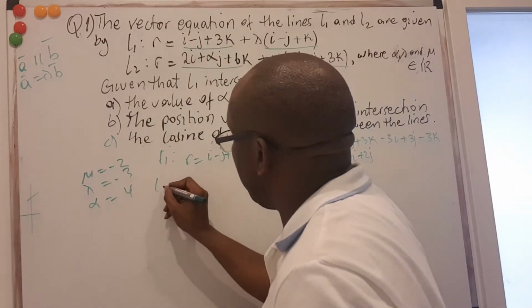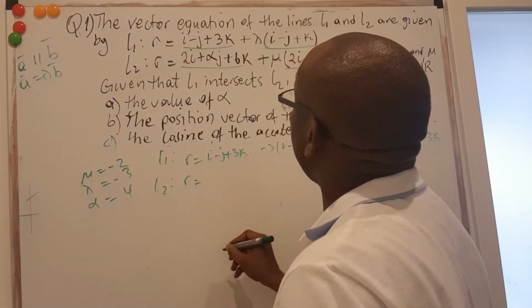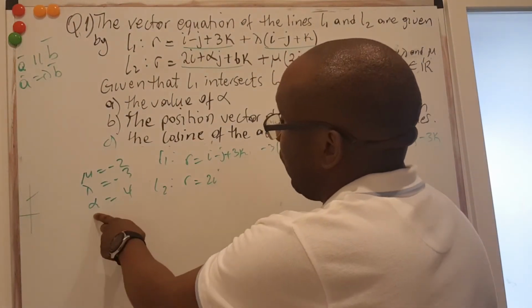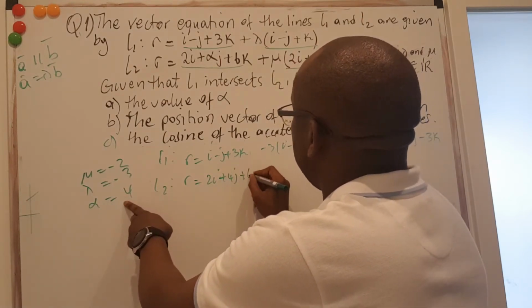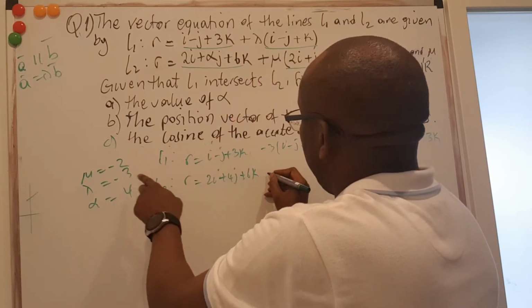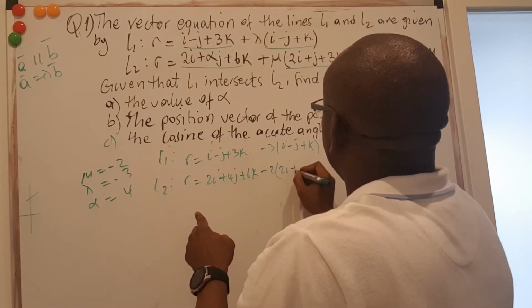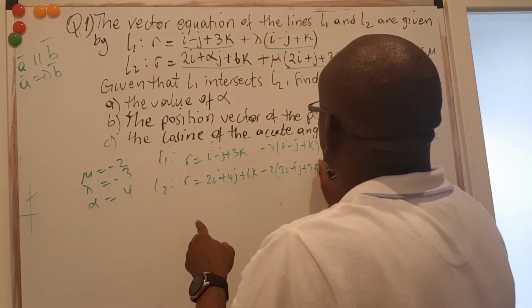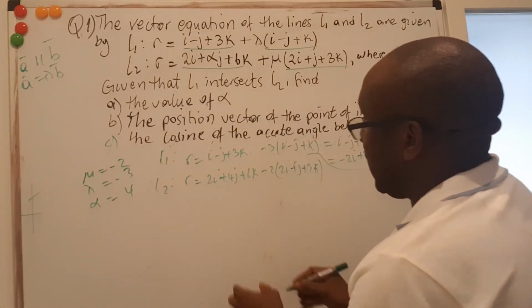It's good to also make sure that it is the same in equation 2. So this is r is equal to 2i plus, we know alpha is 4, 4j plus 6k. And then we are using mu. Mu is minus 2 times 2i plus j plus 3k. So here, let's fix it as we said before.